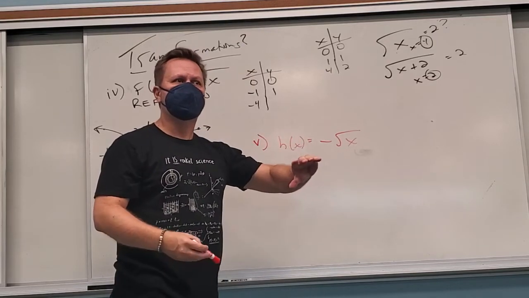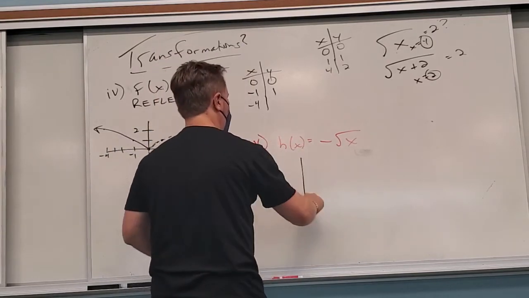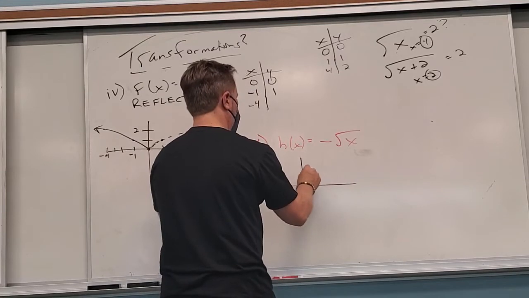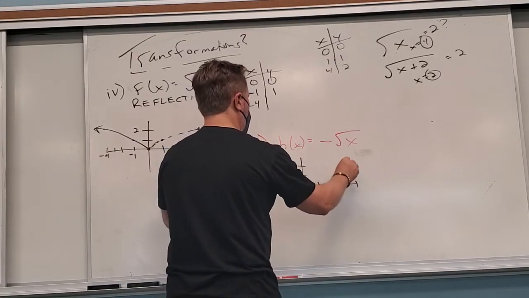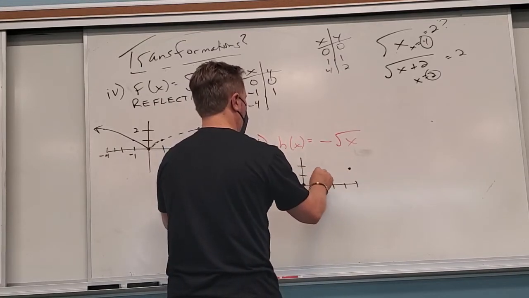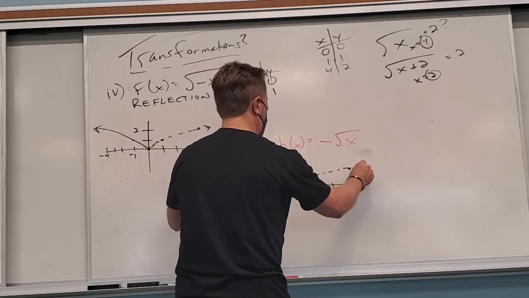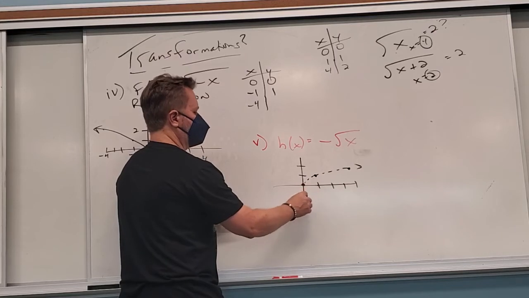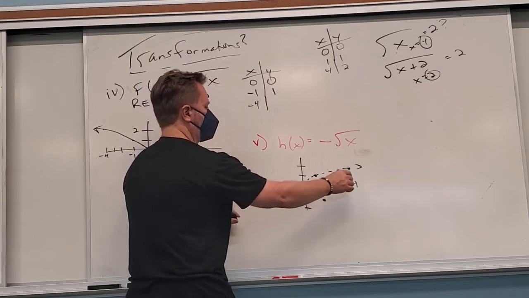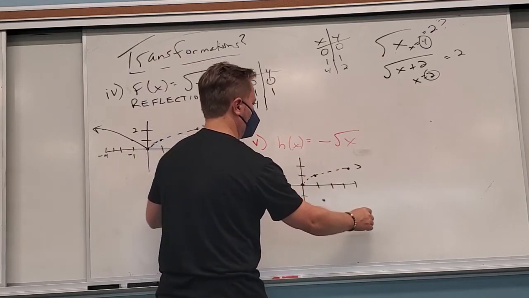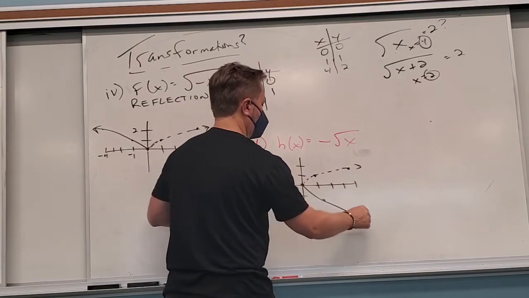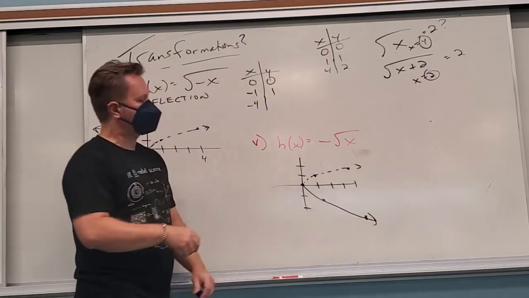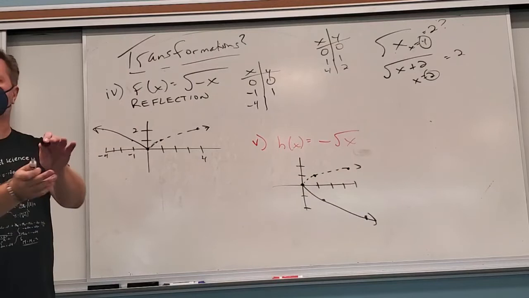That's what that says. So if my base graph is this, I got my anchor points. It used to have a 1 output here, so now it's got a -1. It used to have a 2 output here, so now it's got a -2. Isn't that the missing piece of the parabola that fell over?